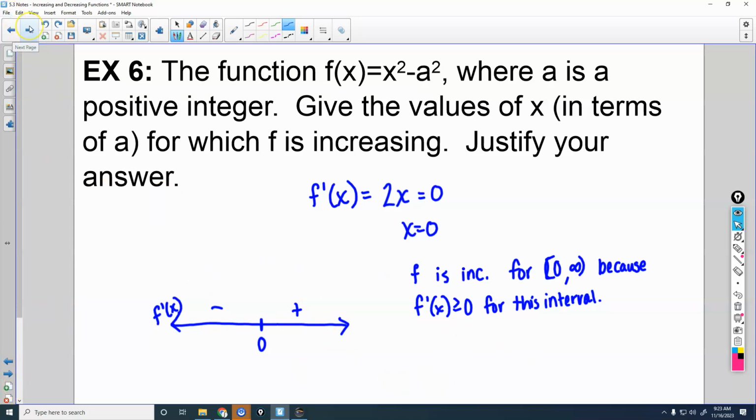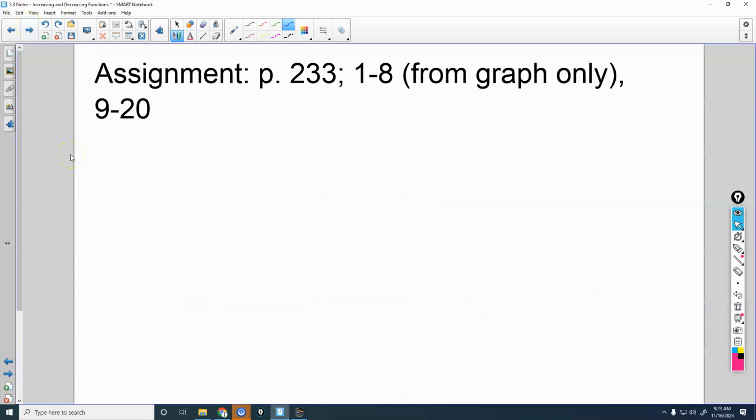All right, so the assignment that goes with this is different than what I had in Canvas, so let me look and see if this is what I want.